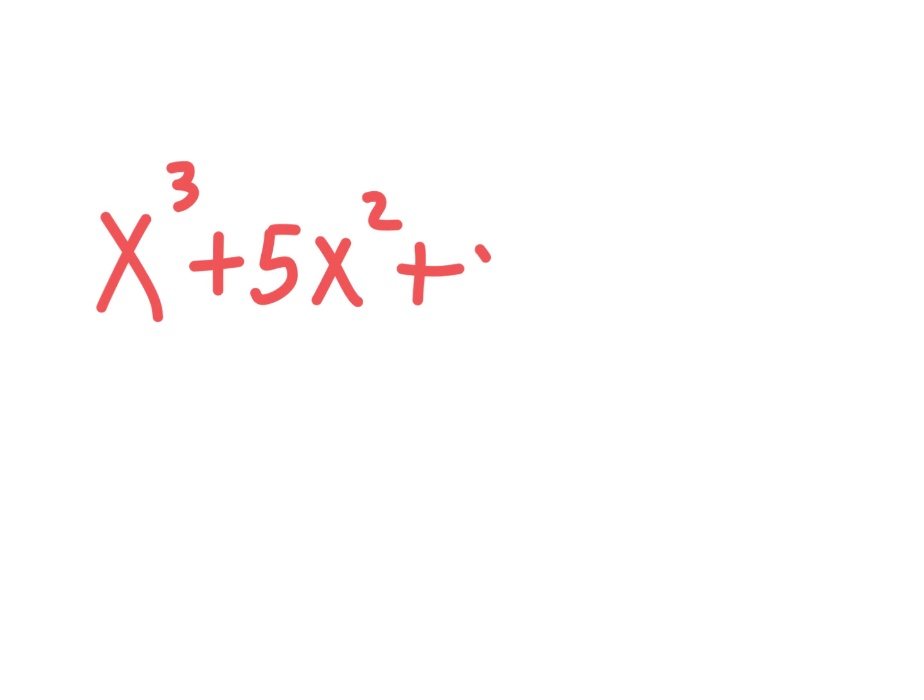The next thing is plain old-fashioned factoring, but the grouping kind. X to the third plus 5x squared plus x plus 5. Actually, let's do something a little different. Sorry. Let's make it 2x plus 10.